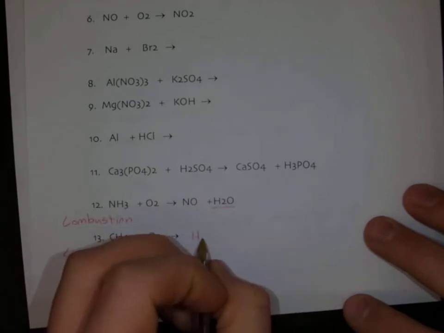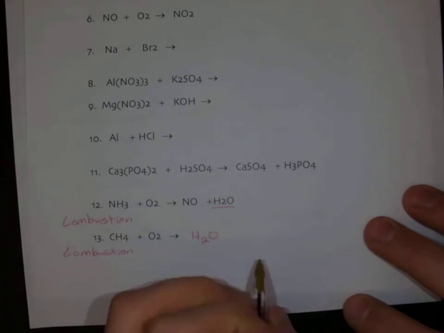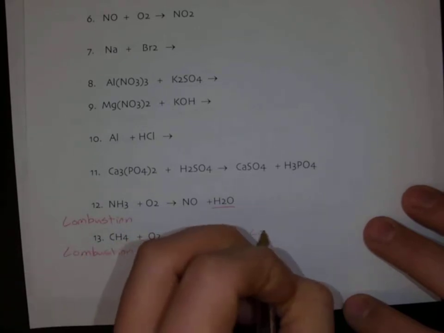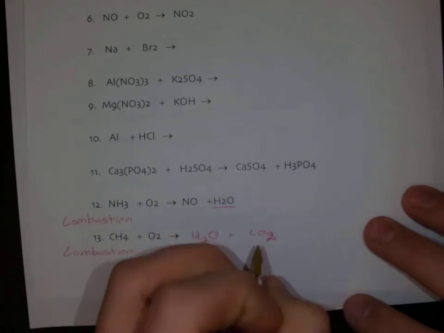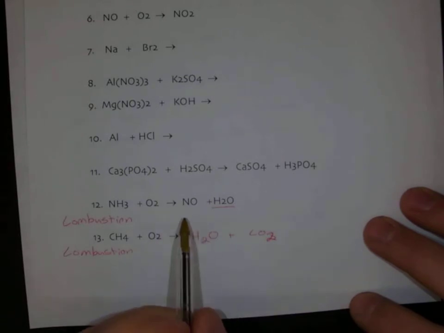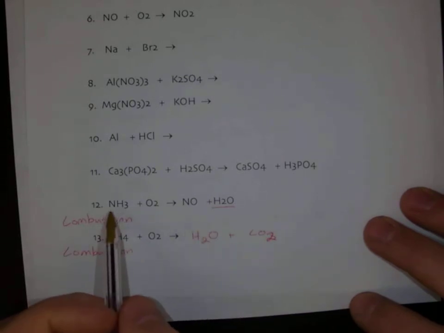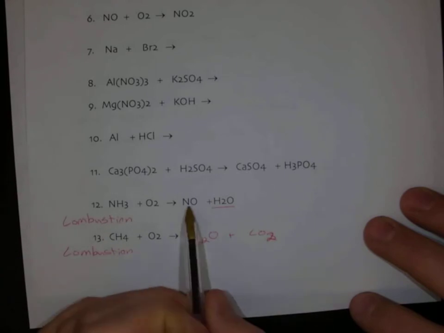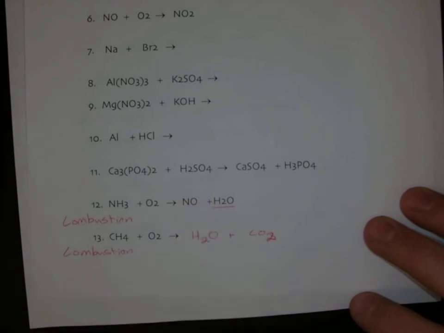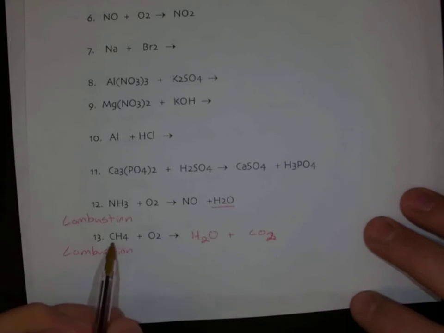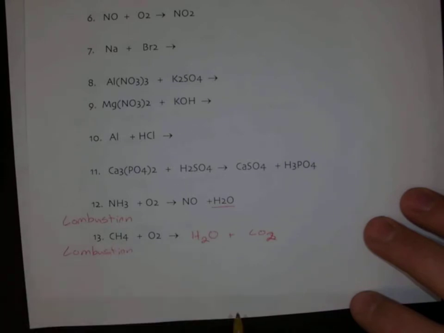So we're going to produce water, and in this case, carbon dioxide, CO2. So in our first case, we've got nitrogen. When nitrogen reacts in a combustion reaction, it produces NO, okay? This is a nitrogen oxide. And in a combustion reaction where carbon is involved, we produce CO2, okay?